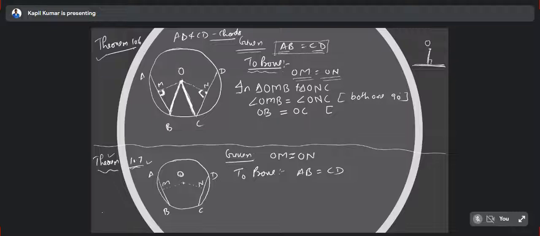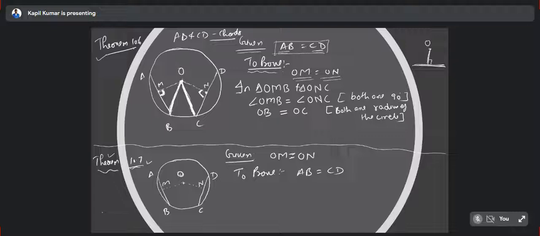What is the reason? Sir, because they both are radius. Yes, this is the reason. Both are radius of the circle. In a circle you can draw any radius in any direction, and it will be exactly equal to the radius. So OB is equal to OC.